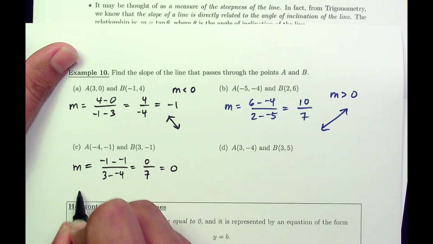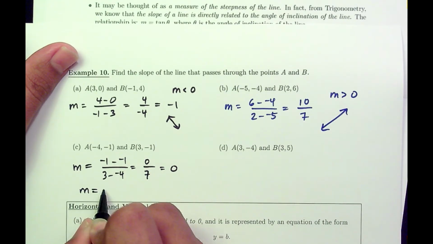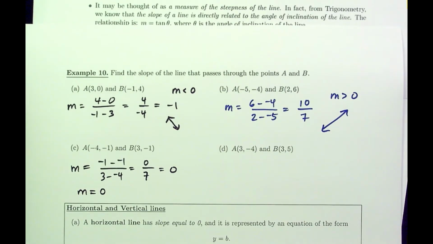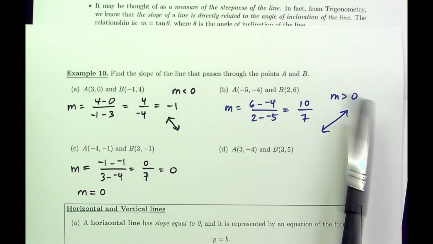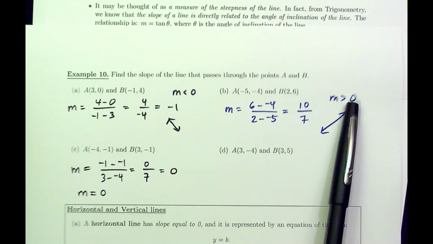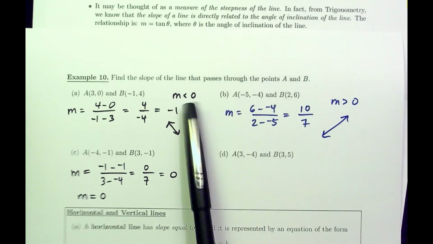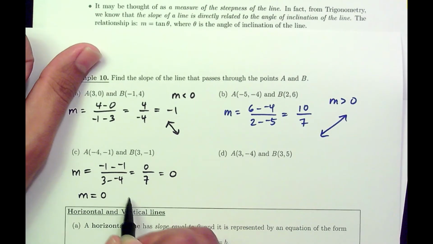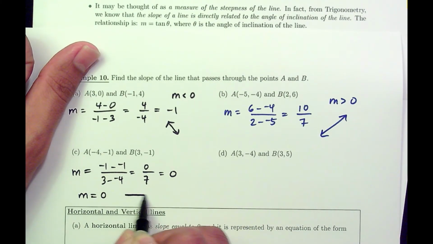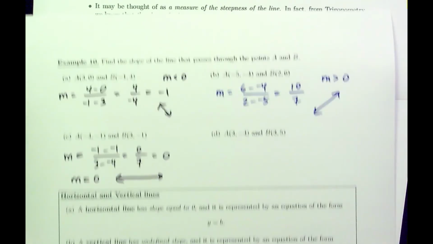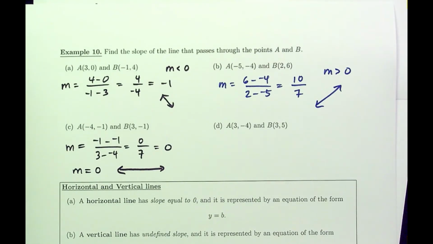So in this case, the slope is 0, which is neither positive nor negative. That means the line neither rises nor falls. So that means the line is perfectly horizontal.